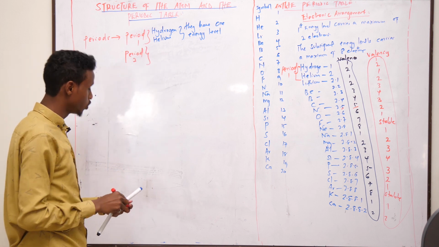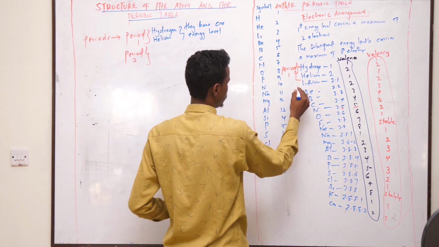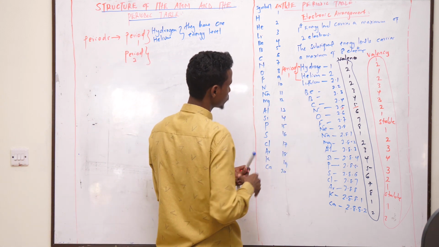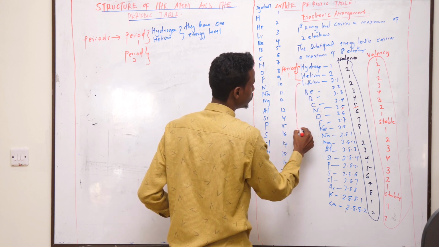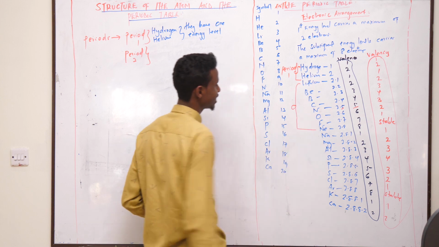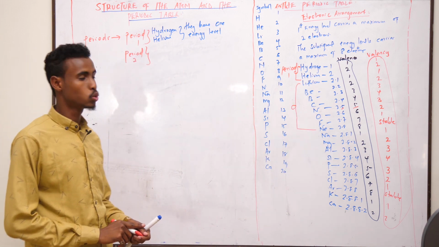Another important thing, let's look at period 2. The elements in period 2, from lithium to neon, you can see they have 2 energy levels, from 2.1 to 2.8.